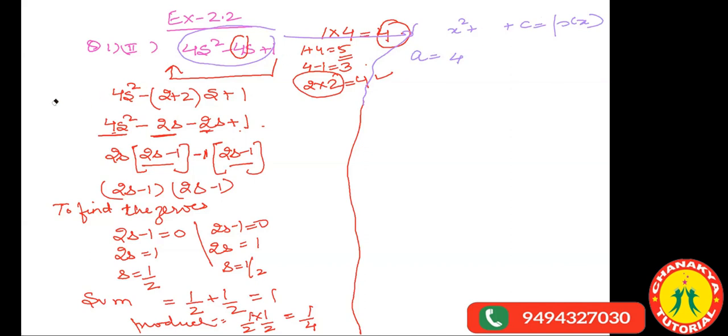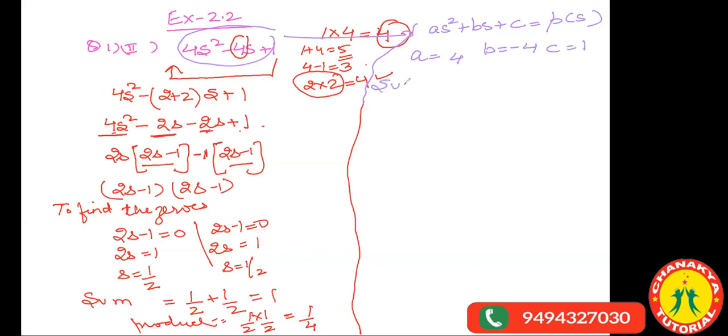Good. I will write this polynomial in terms of s only. So it will be as square plus bs plus c, the polynomial function of s. The value of a is 4, the value of b is -4 and the value of c is 1.